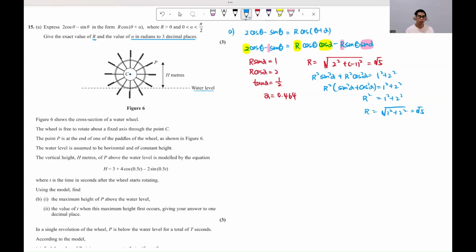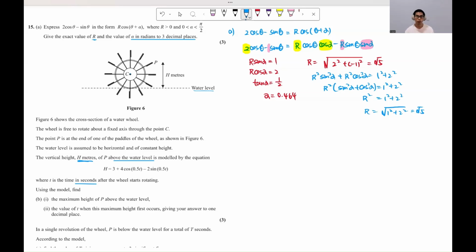The vertical height, h meters, of P above the water level is modeled by this equation, where t is the time in seconds. Using the model, find the maximum height of P above the water level.